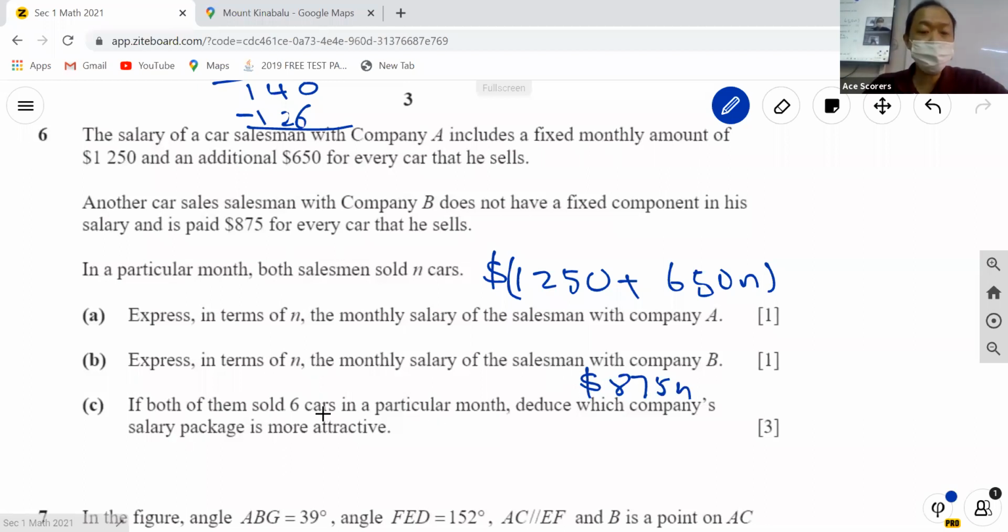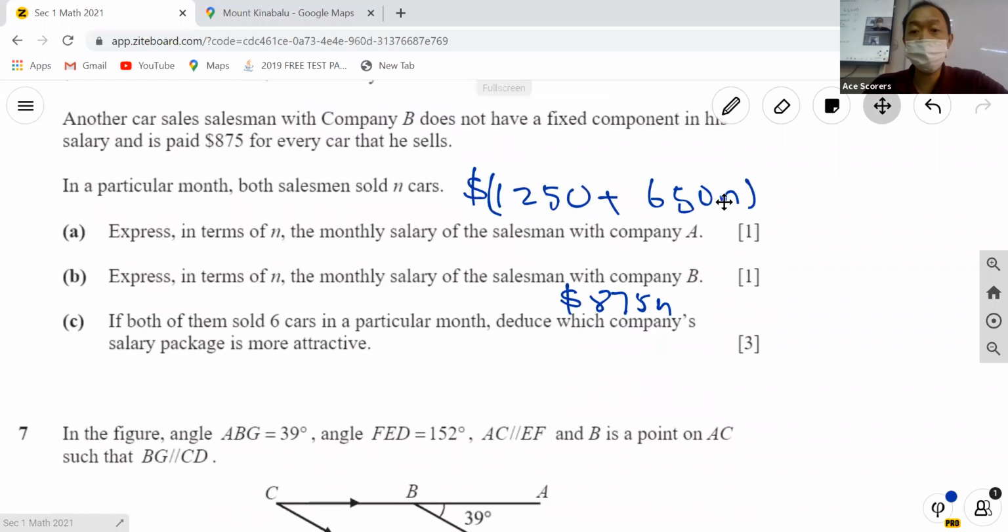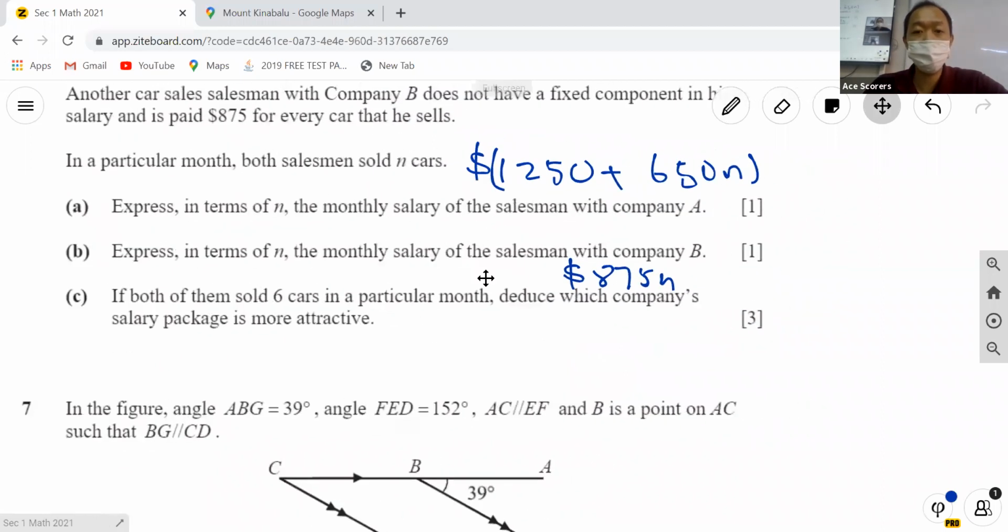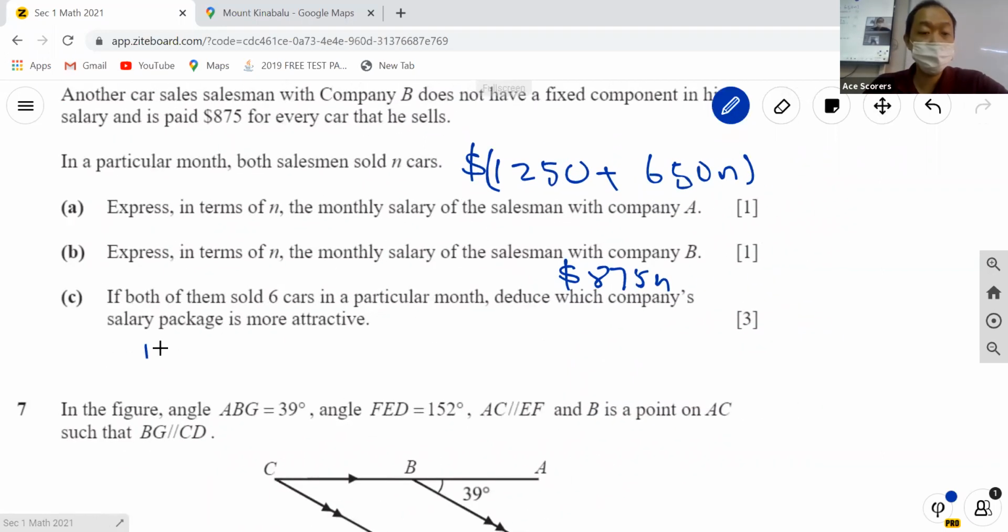If both of them sold 6 cars, which company's salary package is more attractive? What you want to do is substitute the 6 into here, and then just find the value. So 1250 plus 650 times 6, versus 875 times 6.